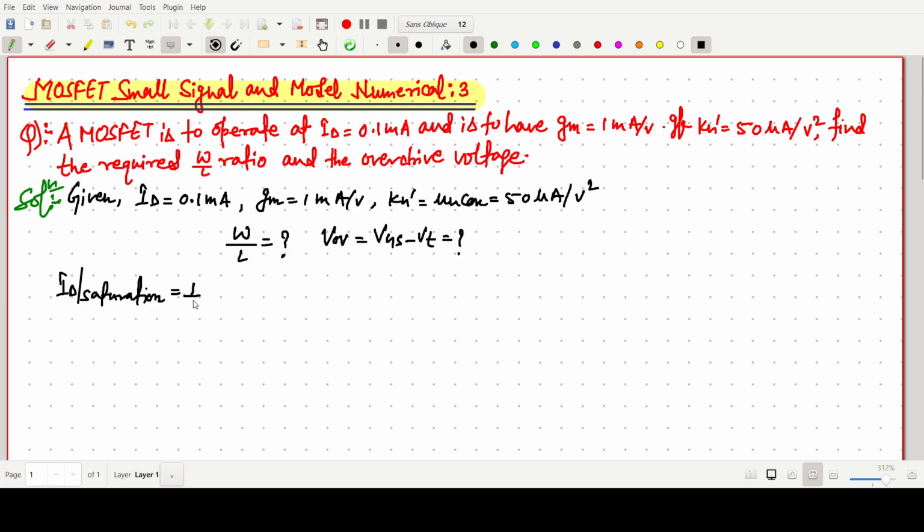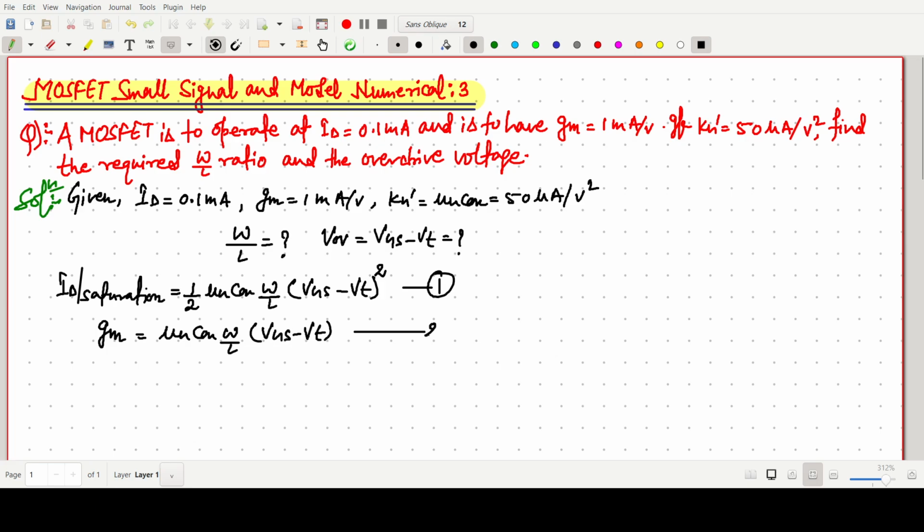So the value will be 1 by 2 mu n Cox W by L (VGS minus VT) whole square. This is the equation for the drain current in the saturation region, and the transconductance we know, gm equals mu n Cox W by L (VGS minus VT). So these are the two equations.